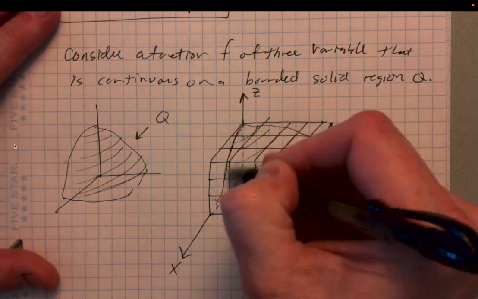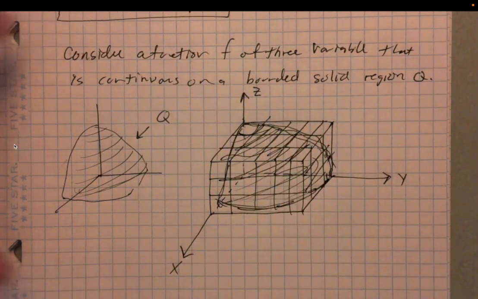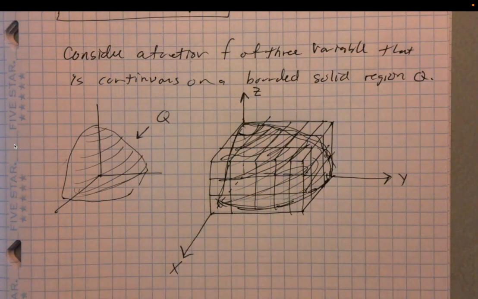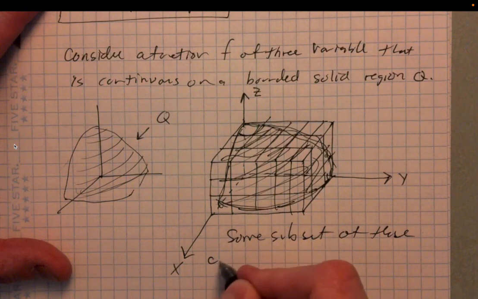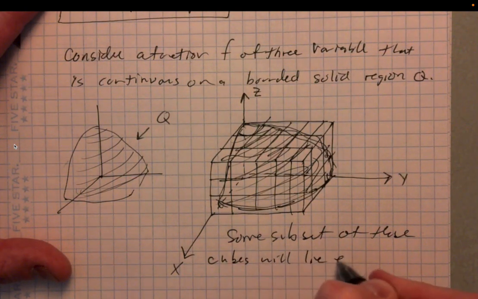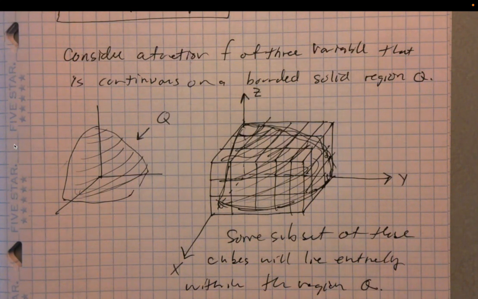If you imagine the shape Q in the region, there's going to be some subset of these cubes that lie entirely within the region Q. What we want to do is use that subset that falls within the region as our approximation to the volume of the solid region Q.